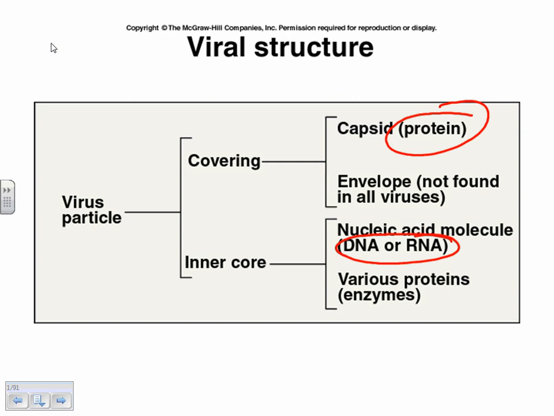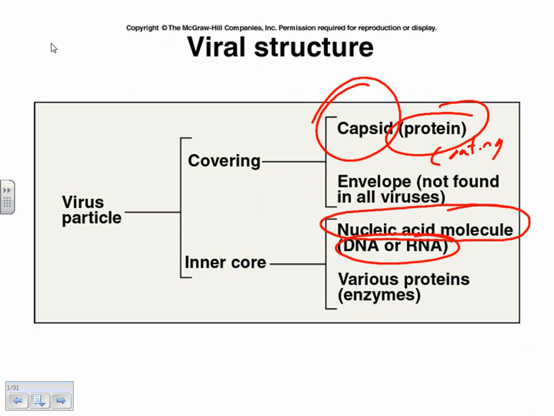The protein part, the outside of a virus, is called the capsid. Sometimes we call it a protein coat. So this capsid is their protein coating. It's the outside part of the virus. And then inside that protein coat, there is a nucleic acid.